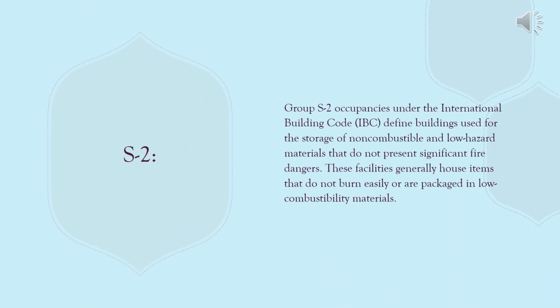While Group S2 occupancies under the IBC define buildings used for the storage of non-combustible and low-hazard materials that do not present significant fire hazards. These facilities generally house items that do not burn easily or are packaged in low combustible material packaging.